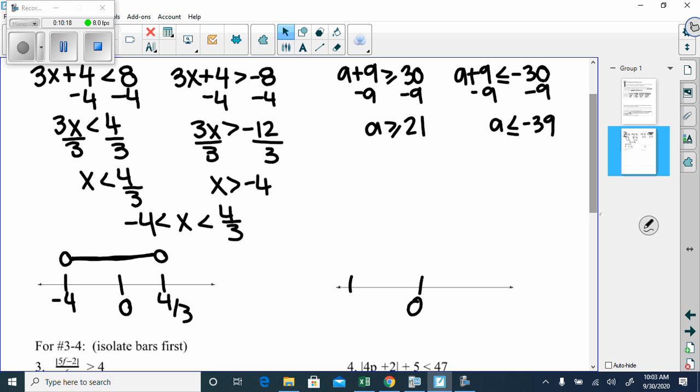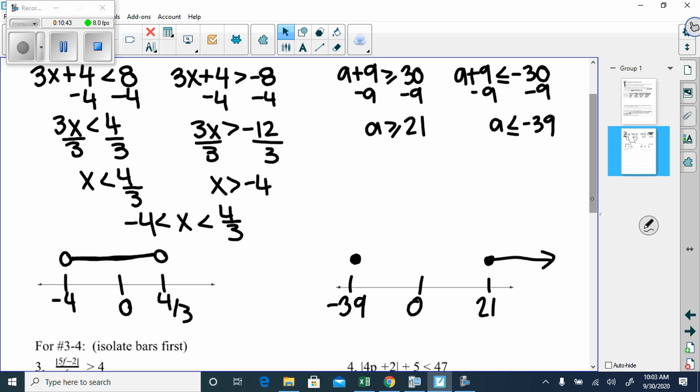So negative 39, somewhere down here. Positive 21, somewhere down here. Are my dots open or closed? Closed. So I got a closed one here and a closed one here. So starting with this first inequality, if I want to show it's greater than 21, from 21 I'm going to the right.